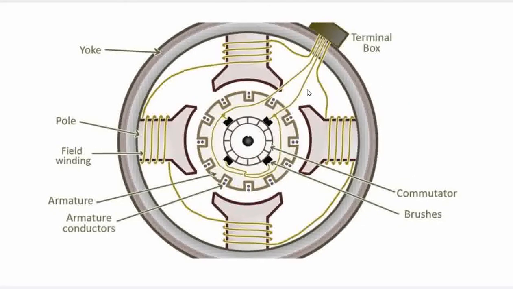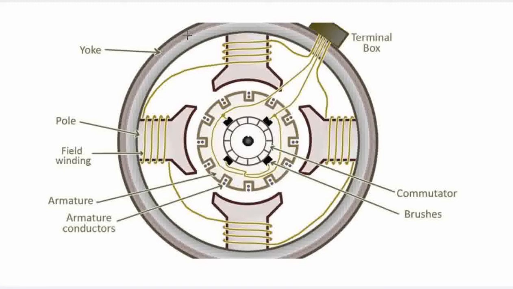So this is the diagram and pictorial representation of a DC machine. So this is the yoke, the outermost part. Basically the yoke helps to protect from the external world, and another name for the yoke is the frame.